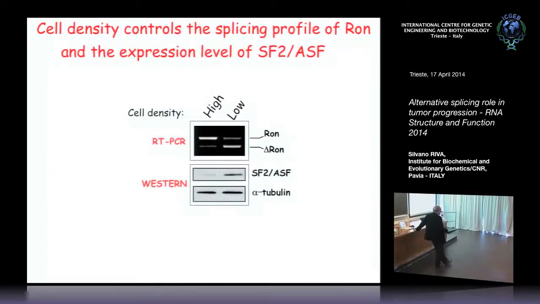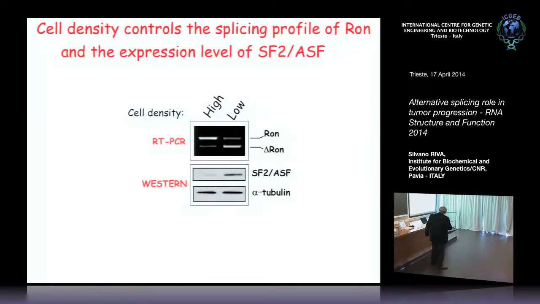So the cell density controls EMT, and in fact the cell density controls the splicing profile of RON and the expression of SF2. You see, this is RT-PCR. At high density, most of the product is full length.